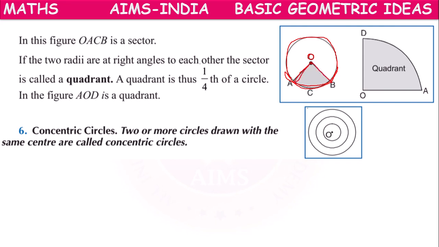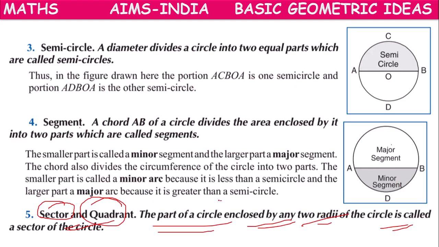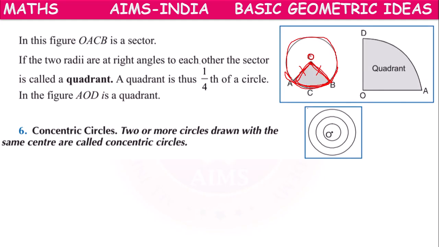This OACB is the area enclosed by two radii, first radius, second radius. Means the part of a circle enclosed by any two radii and one arc is called a sector. OACB is a sector.